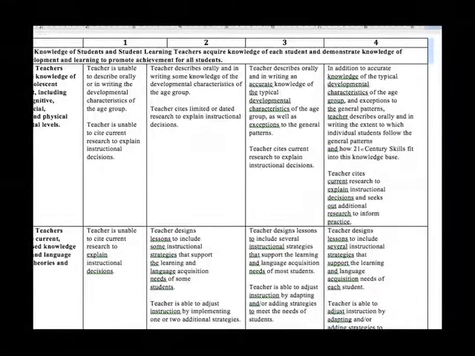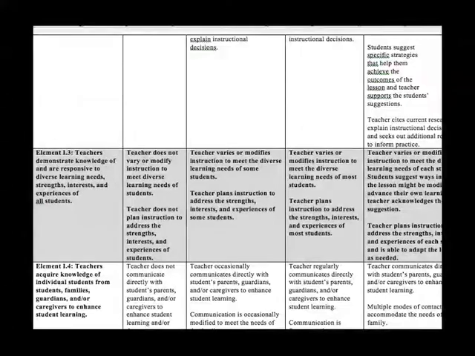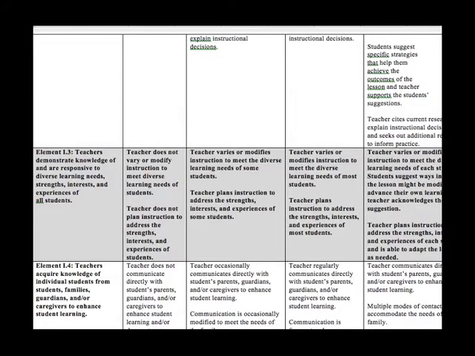For the NYSUT rubric, the overall Standard 1 requires the teachers to demonstrate their knowledge of each student and how each student's development and learning are promoted to provide achievement for all. If we look specifically at element 1.3, what is going to be required is for teachers to provide evidence that they have demonstrated knowledge and are responsive to diverse learning needs and strengths, interests, and experiences of all students.